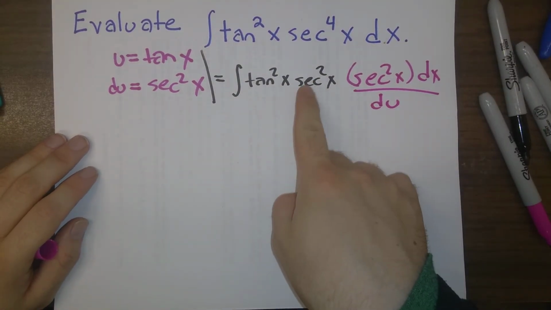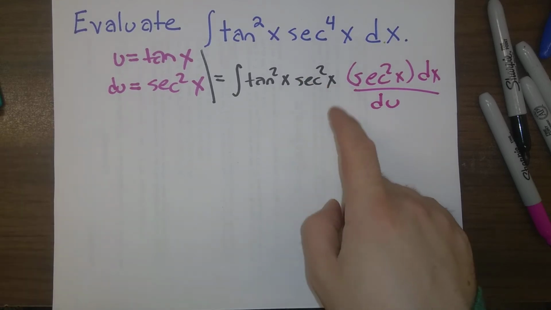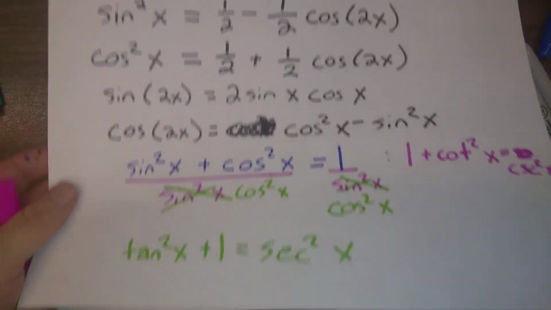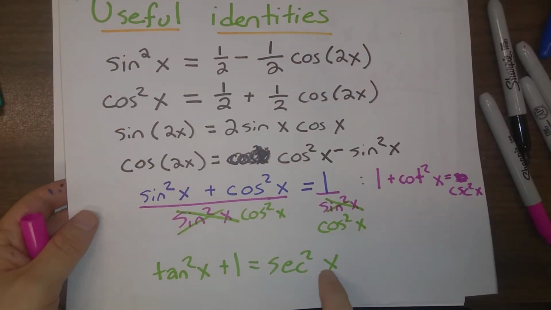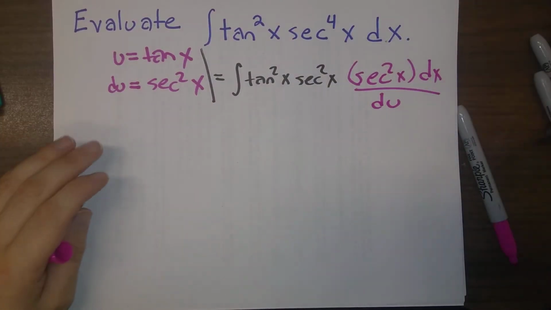And we want to get everything in terms of tangent. So we're once again going to replace, and this time we're going to go in the opposite direction as in the previous problem. Secant squared x is equal to tangent squared x plus 1.